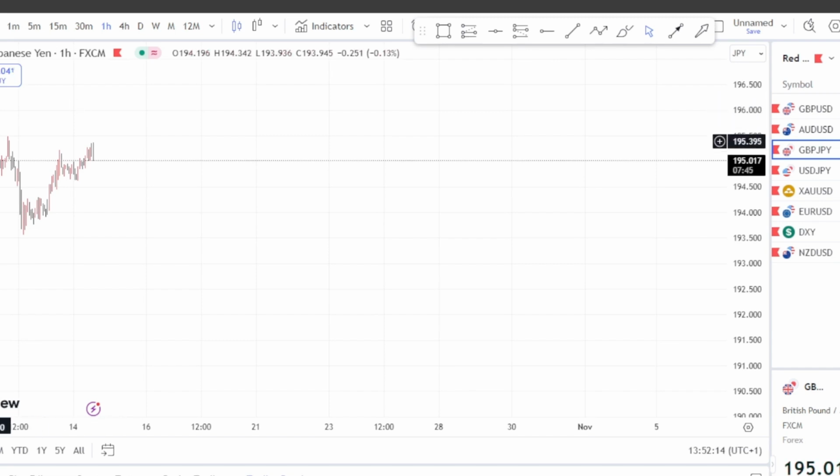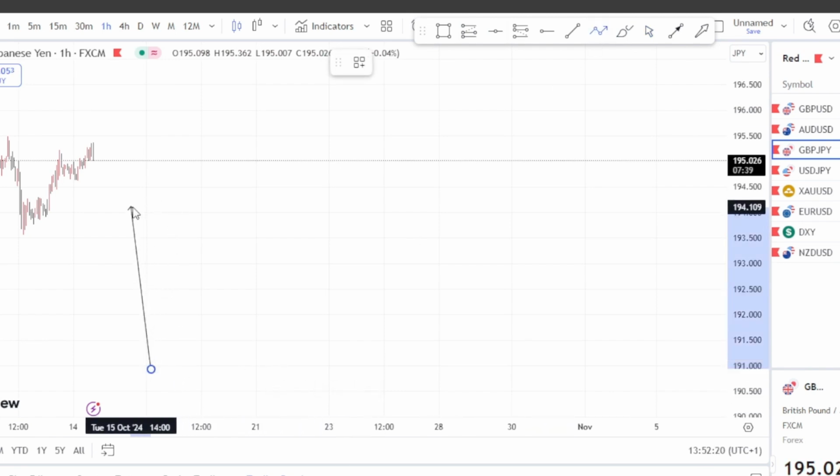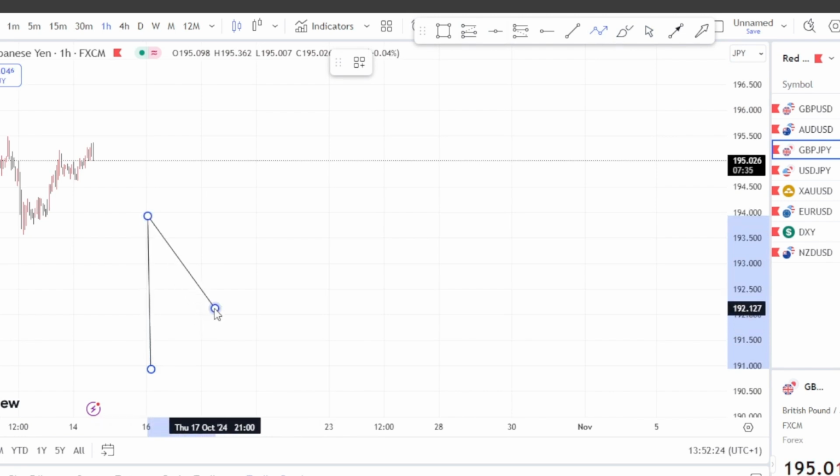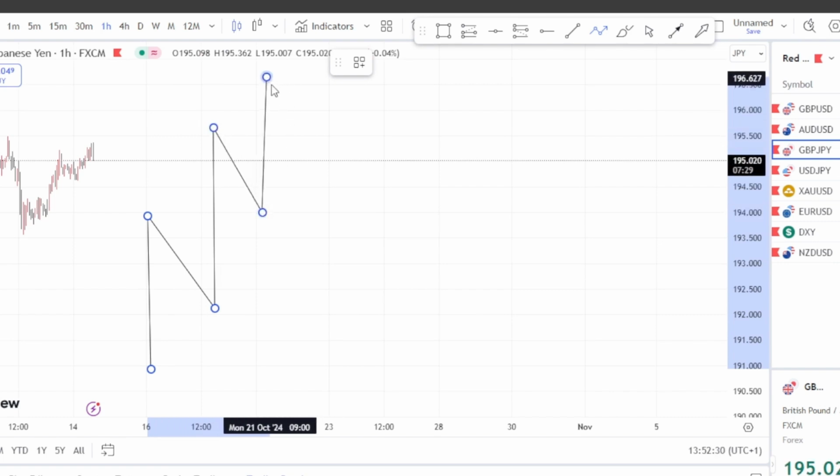So let's say that we have an impulsive move upward. We have something like this. We have another one. We have a retracement, and we have another one.